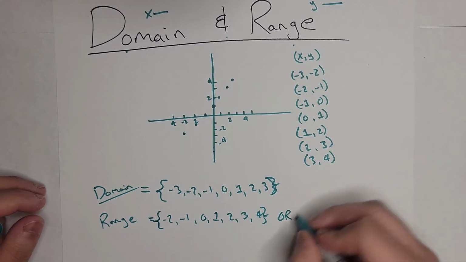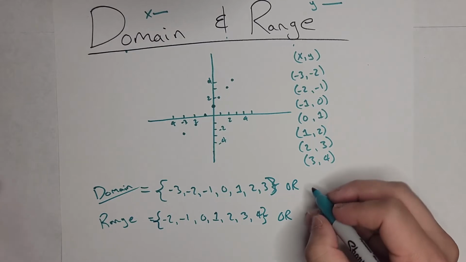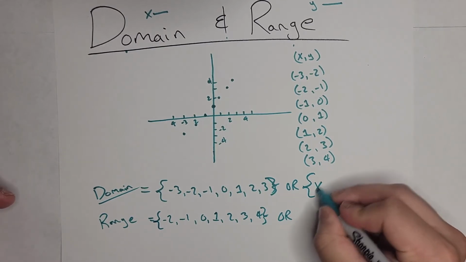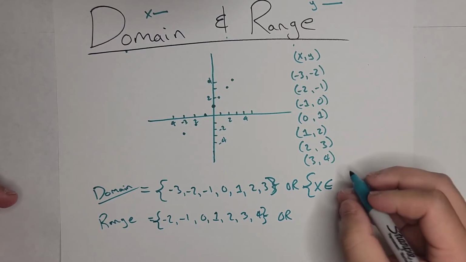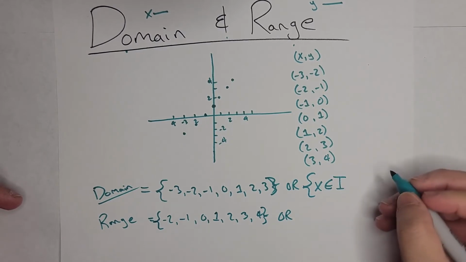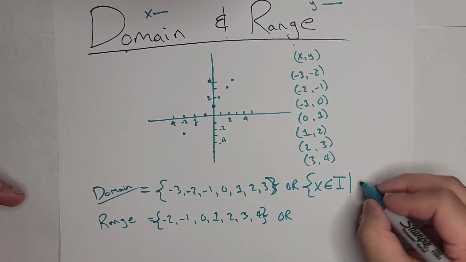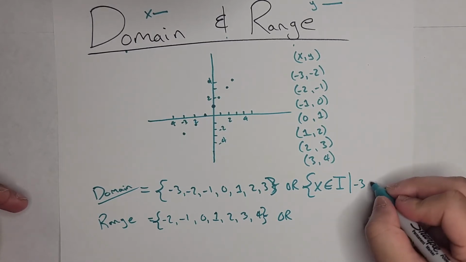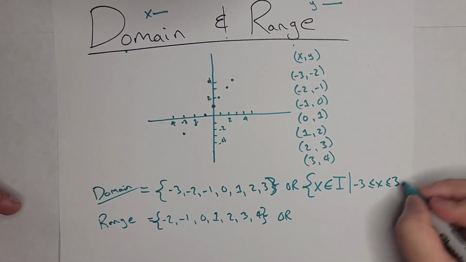Or there's another way to write this. We can write x is equal to all the integers between -3 and 3.